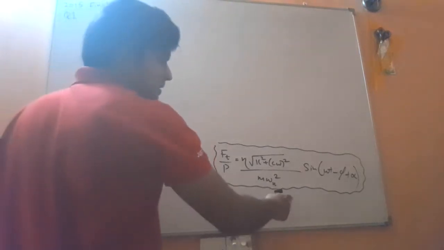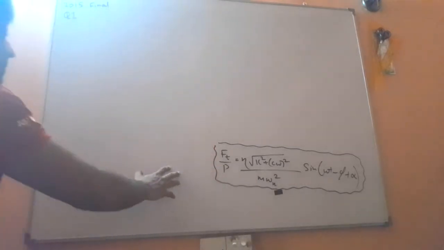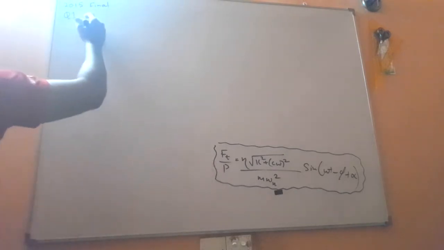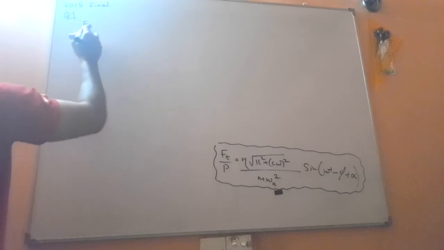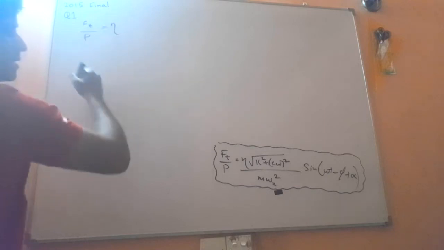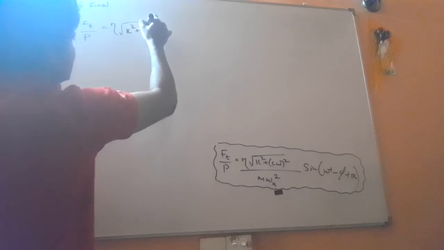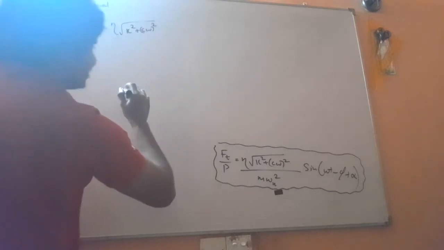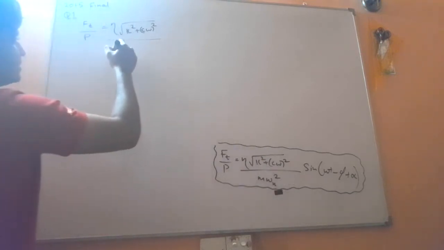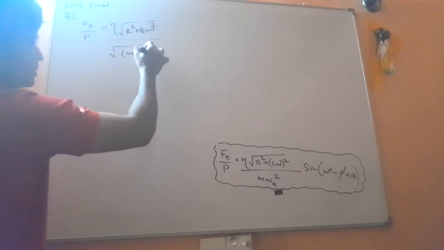So now we have obtained up to here, right? So then we are going to continue the calculation from here. So now let's see. We have obtained this, so now we know that ft divided by p equals neta times square root of k squared plus c omega whole thing squared divided by, right, this part we can write as inside the square root, m omega n squared, this whole thing to the power squared.